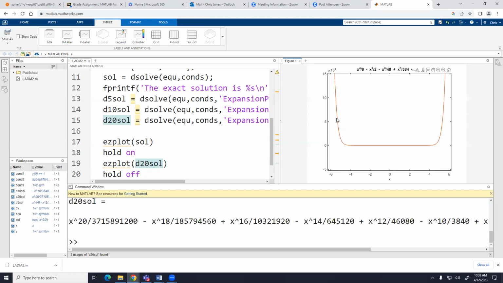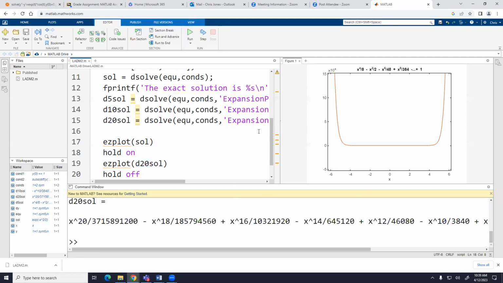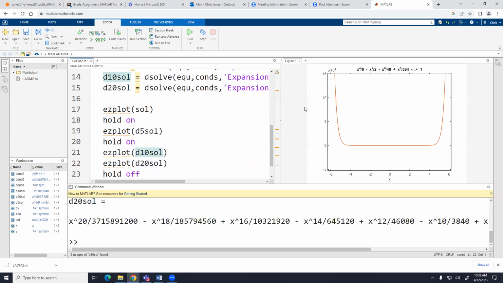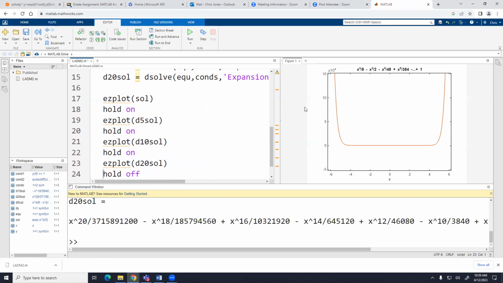We can model it. What I'll probably ask you guys to do for the assignment is do all of them on the same graph. I'll show you something else that's kind of cool. We'll do D5 sol, D10 sol, and D20 sol.